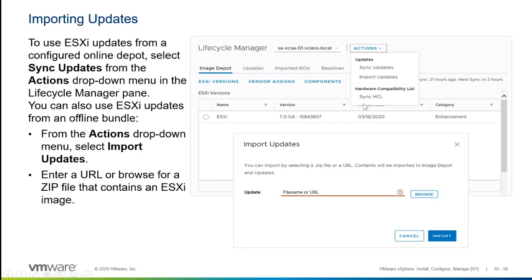And we can also synchronize vCenter Server's Lifecycle Manager database with VMware's hardware compatibility list, so that we can ensure that based on the hardware you're running, whatever software you'd like to include in your image is actually going to be compatible with that particular version and that particular hardware component.